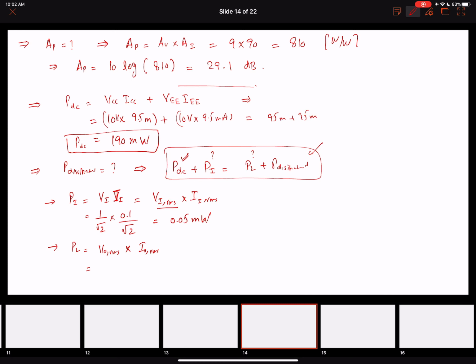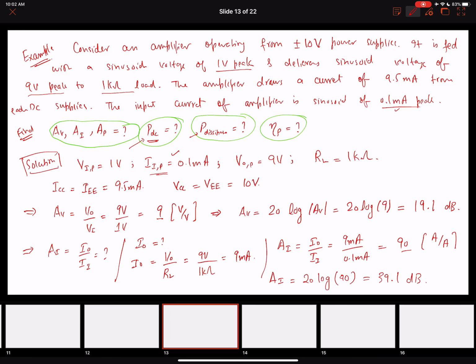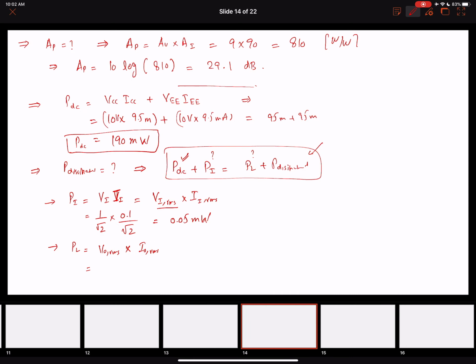If I go back, we can see here's the output voltage, 9 volts, and here is the output current we determined over here, 9 milliamperes. We need to take RMS, so it will be 9 over square root 2 multiplied by 9 over square root 2. The answer is going to come out to be 40.5 milliwatts.